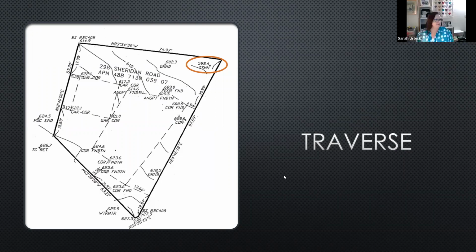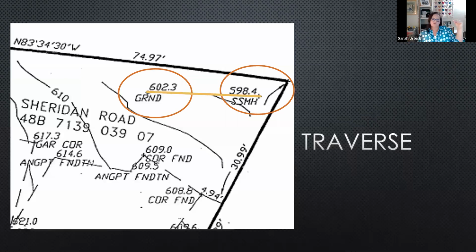Absolutely. Okay. So we zoom in here. We can see our manhole from the ground elevation down to this spot elevation on the ground, down to our manhole, the difference is about 3.9 feet, okay? Which may or may not mean anything. It all depends on how far apart those points are, right? So that's more information that we can get from this.